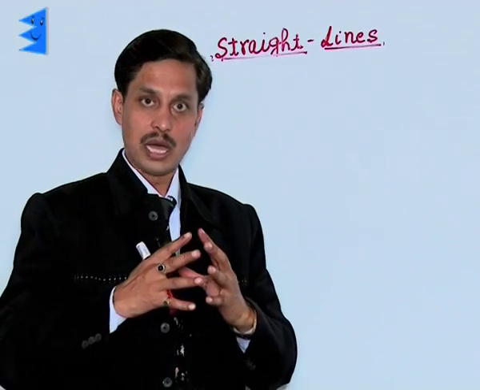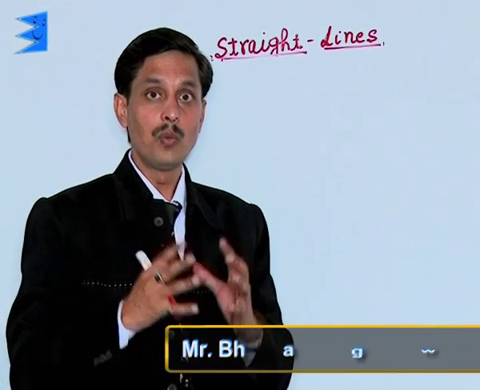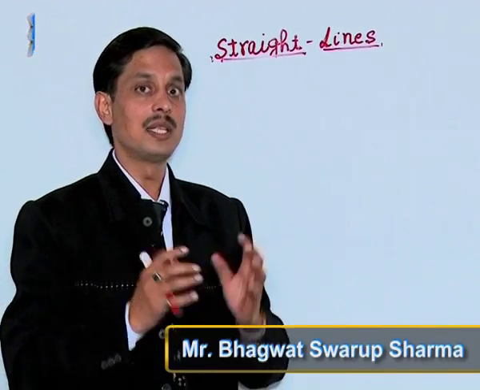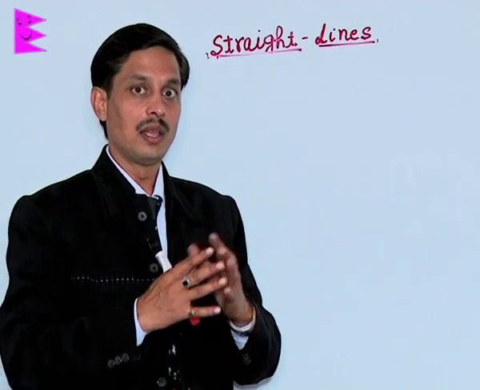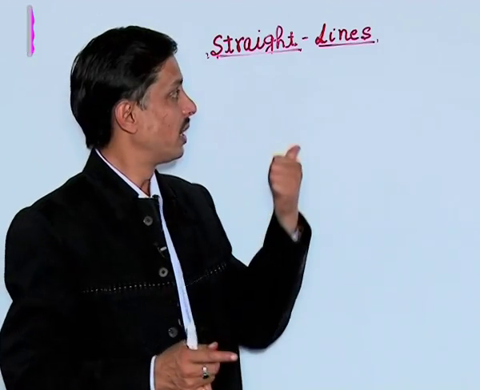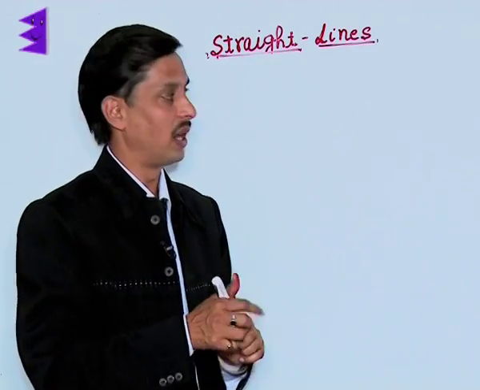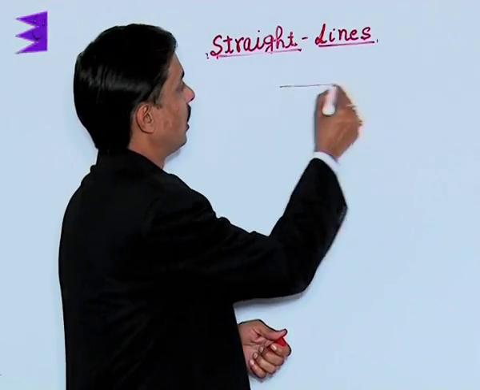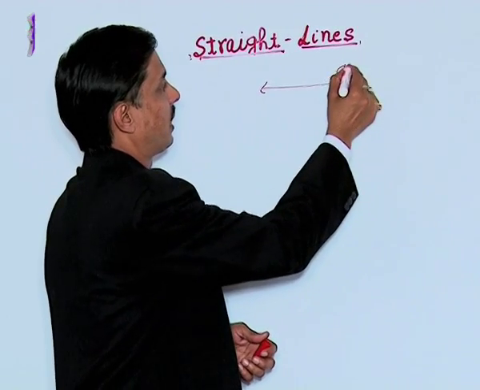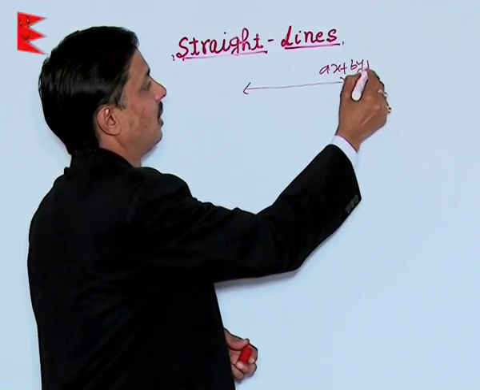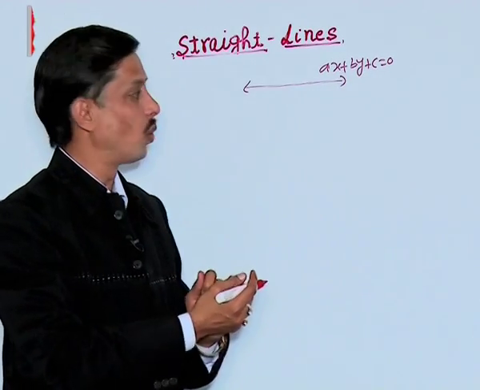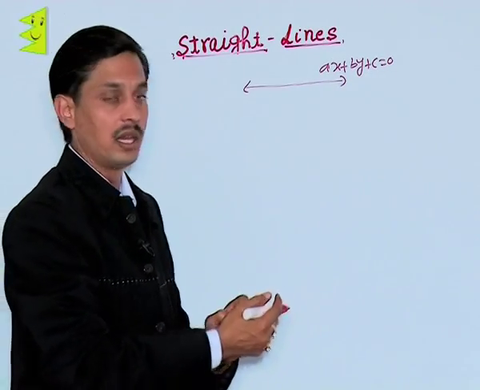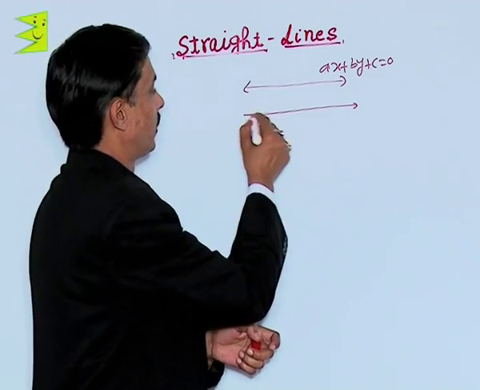Now I am taking up something where we will discuss how to find the equation of a line if it is given that it is parallel to some given line. Suppose there is a line ax plus by plus c is equal to 0. We need to calculate the equation of a line which is parallel to it.